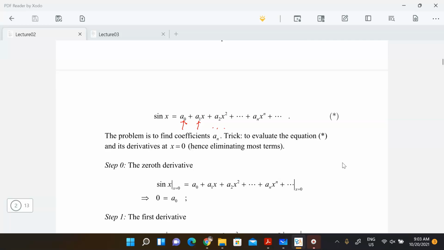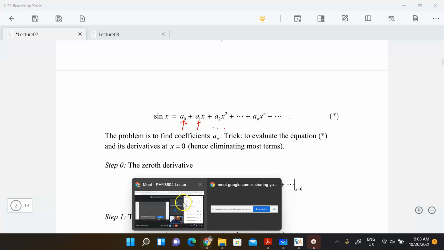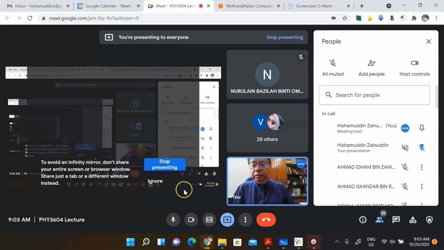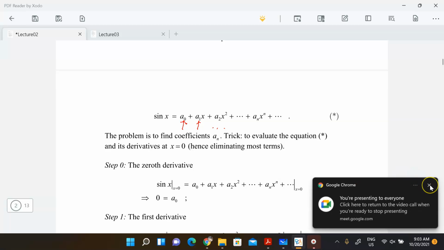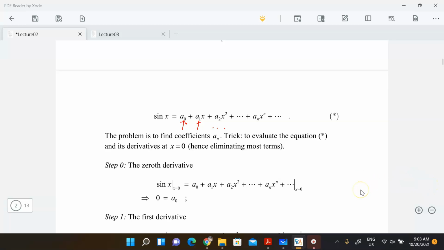Once you do all the derivatives, you'll be able to determine all the coefficients of the power series expansion of sine x.